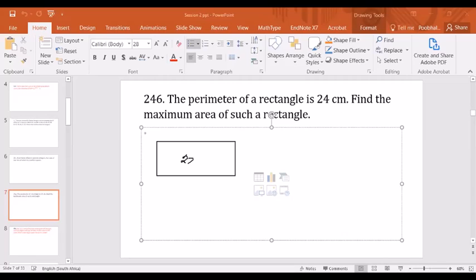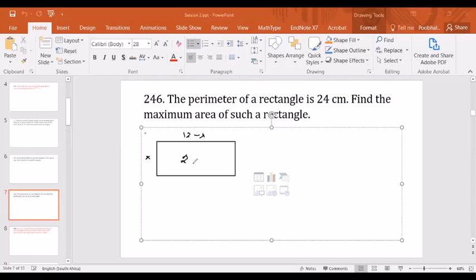So what we do now is, instead of giving any specific names to the sides, let's call one of the sides x, and use mathematics to solve this problem. If one of the sides is x, then the other side will have to be 12 minus x, as we saw.